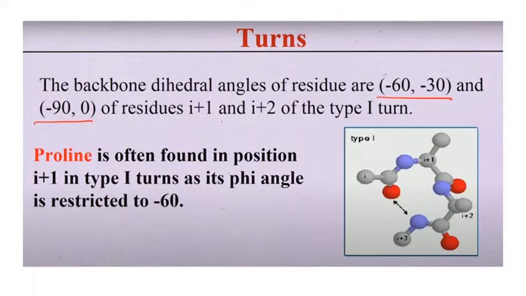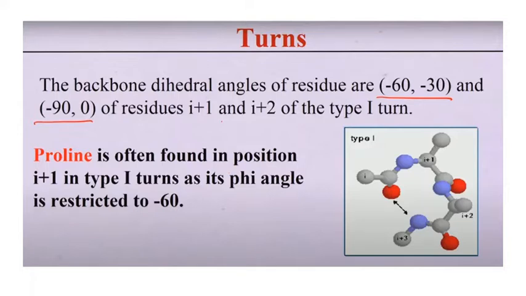Now the next one is a very important turn. See guys, the backbones of these amino acids are defined by the dihedral angles of the residues. Now what is meant by a dihedral angle? Remember, each amino acid has a structure which contains two different angles.